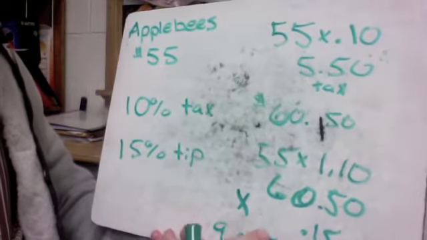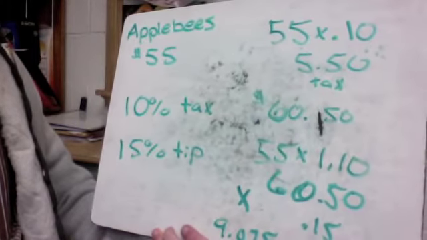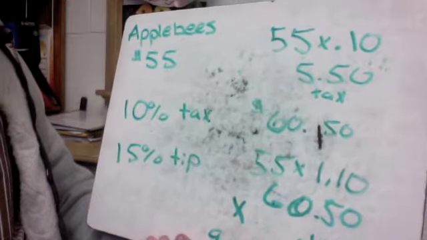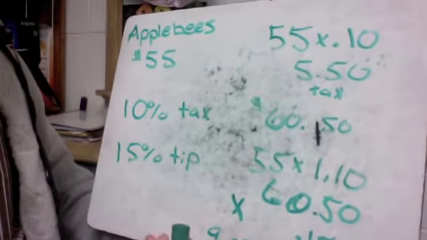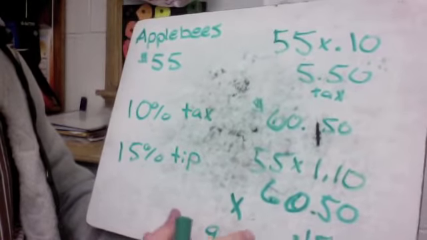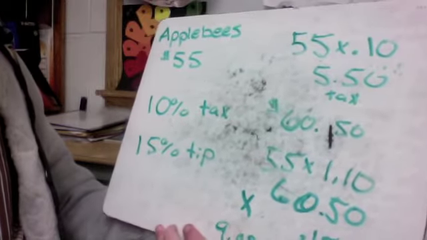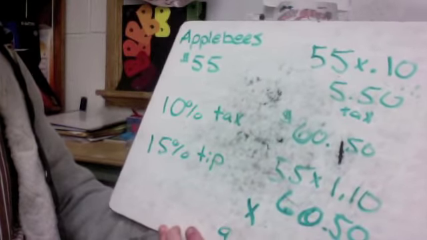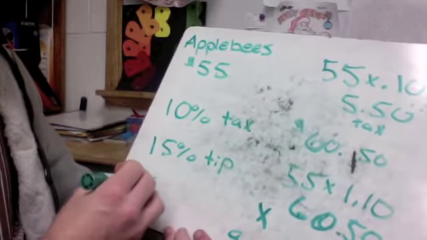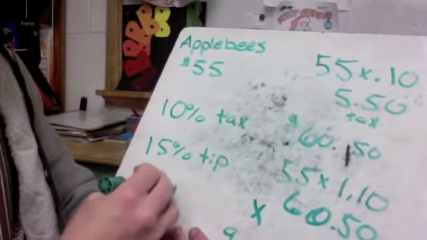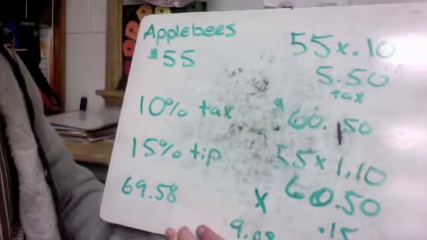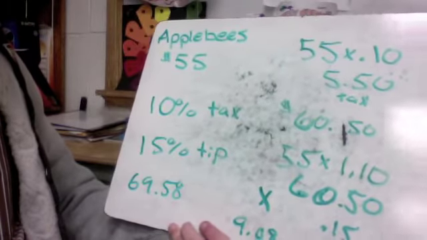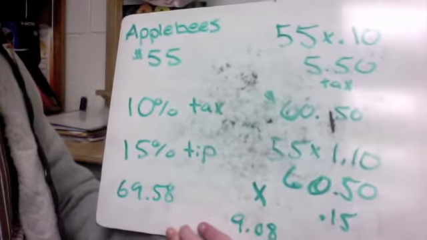So what I would do here is you could just scratch that 5 and make it 9.07, but if you have that 5, you'd probably want to round up to an 8 there. So I'm just going to scratch both of those and do 9.08. Now all you have to do is add the stuff together, and it looks like we would get $69.58 for your total.